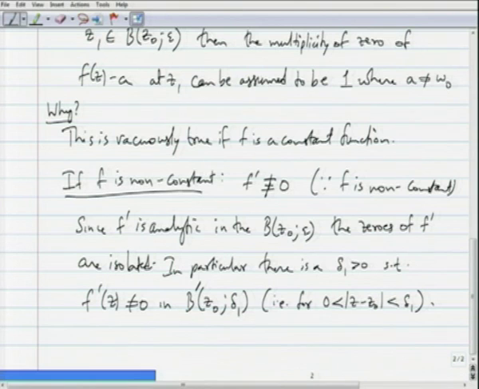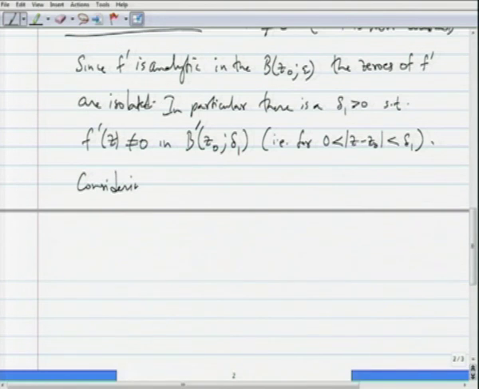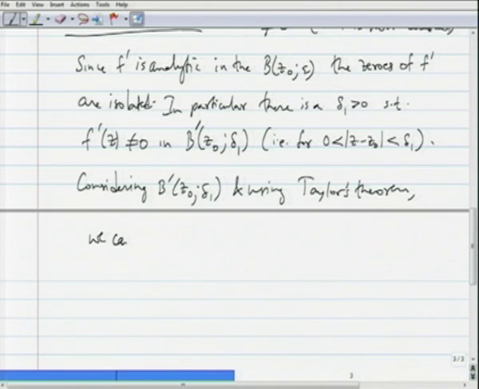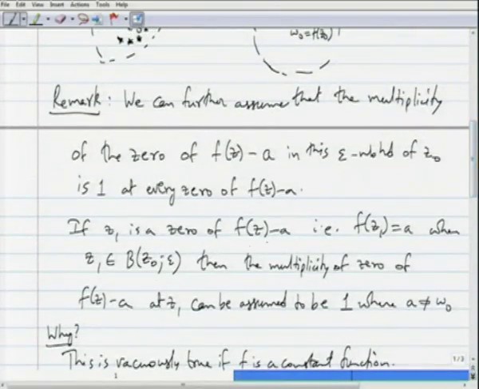Okay. So, what this gives us is that, considering B prime z naught delta 1, which is an open set, okay, and using Taylor's theorem, if you wish, okay, we can say that since f prime of z 1 is not equal to 0, well, here z 1 is the 0 of f of z minus a.